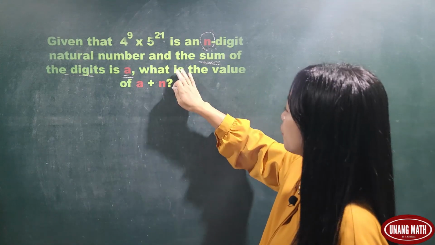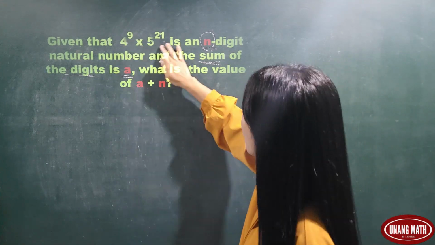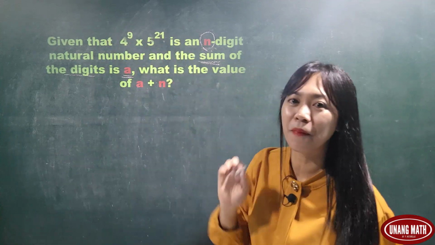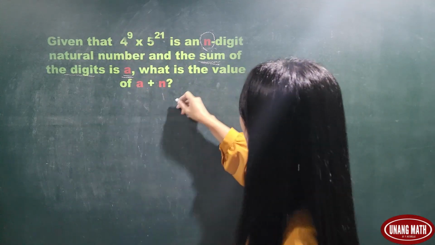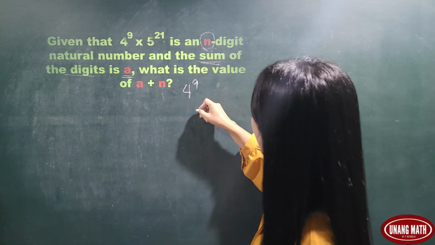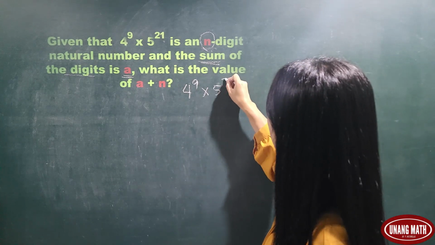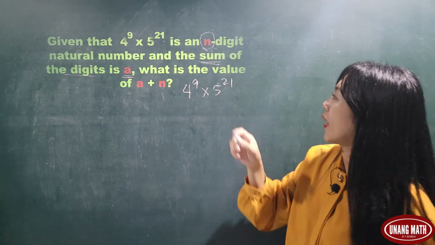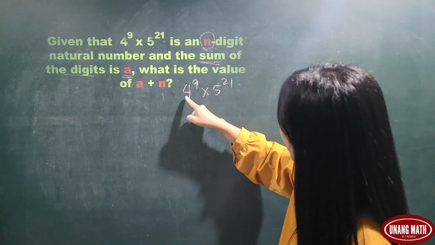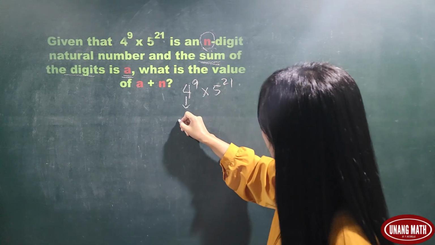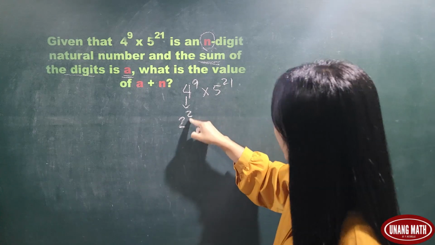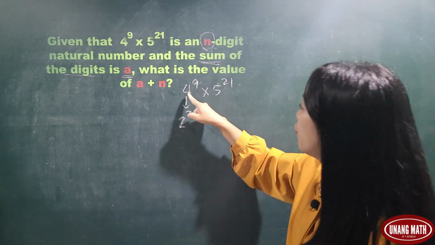The first thing we need to do is find out how many digits there are in this number. We have here 4 raised to the power of 9 times 5 raised to the power of 21. This 4 can be written as 2 squared. 2 squared is equal to 4.